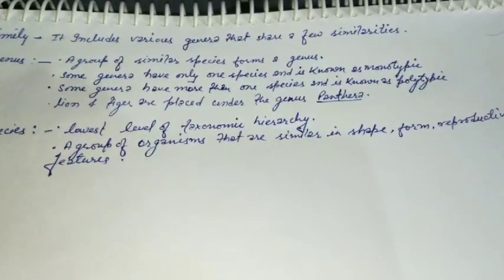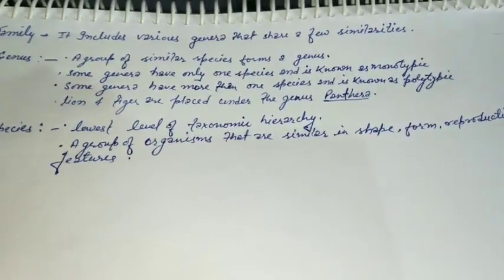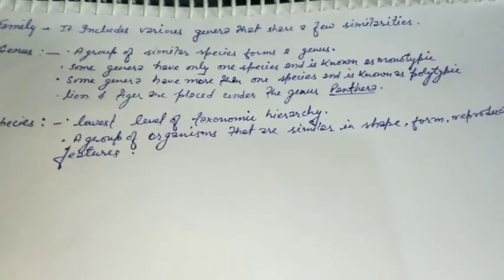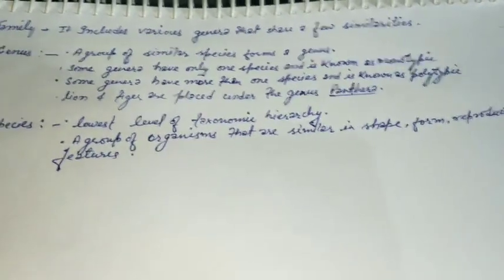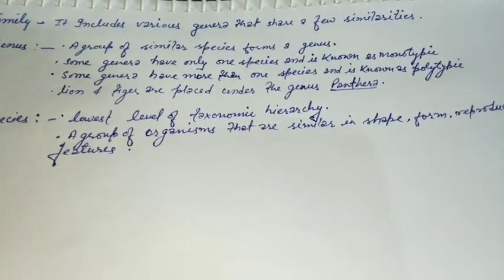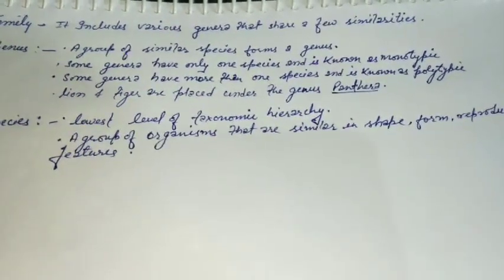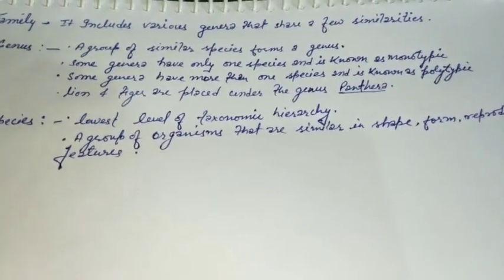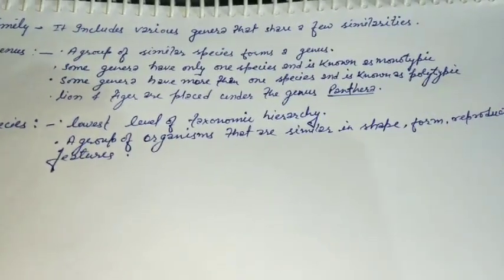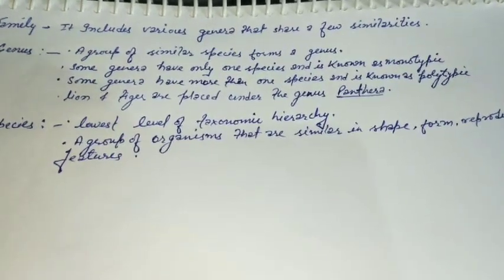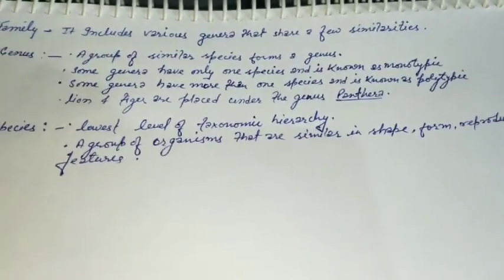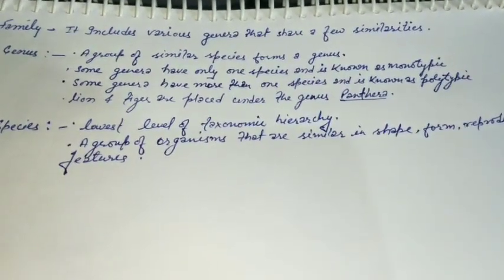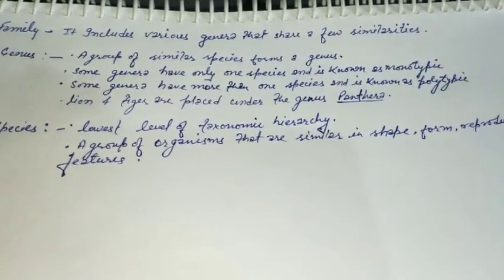The next taxonomic rank is family, and family always has a group of related genera having fewer similarities as compared to genus and species. These are usually characterized on the basis of both vegetative characters and reproductive characters in plant species.